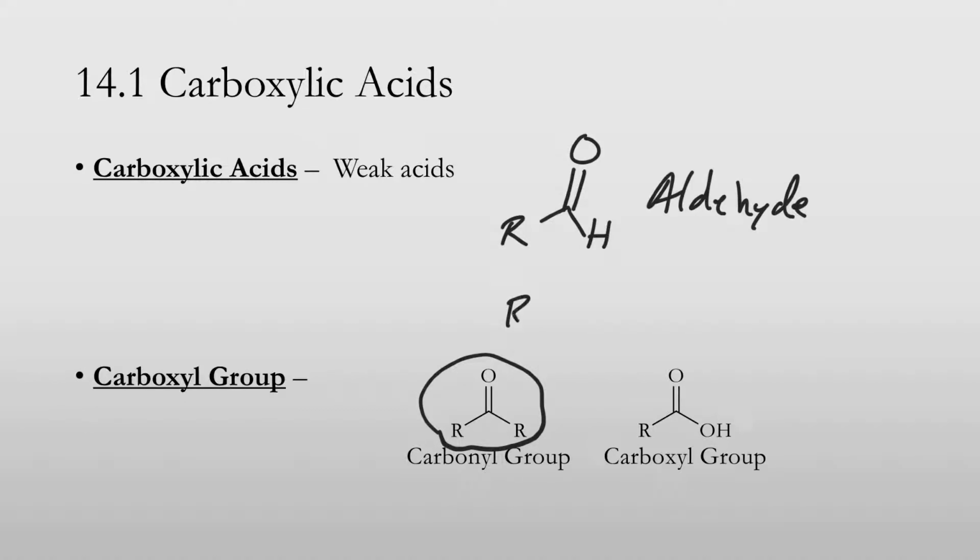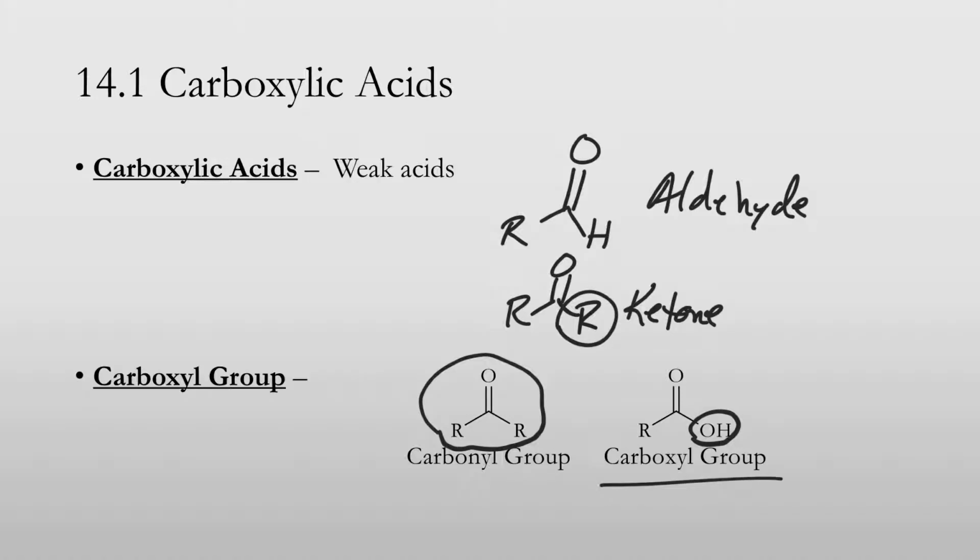If there's 2 R groups, it's a ketone. Now, if we change this R group to being an OH, we call that a carboxyl group or a carboxylic acid. All right, and these are extremely polar molecules, and they turn out to be weak acids, hence why we call them carboxylic acids.